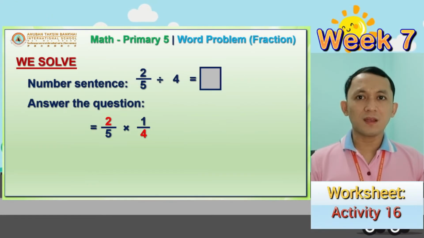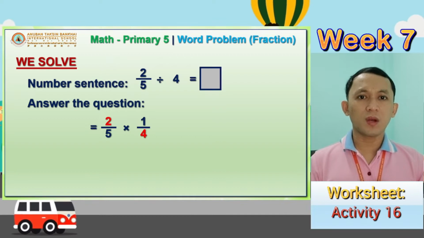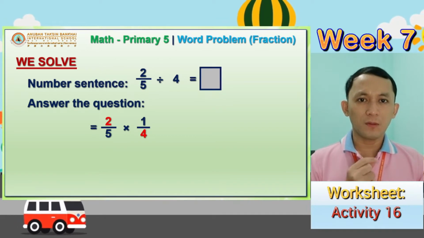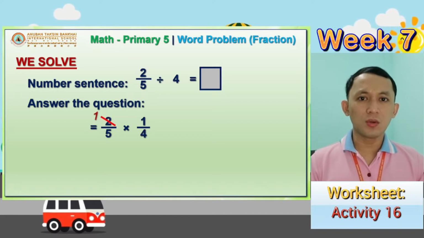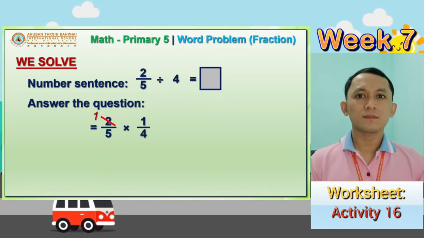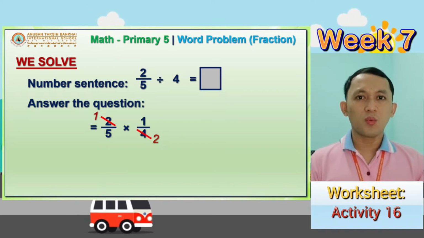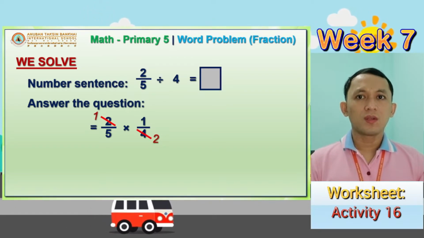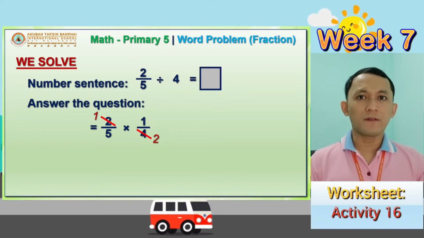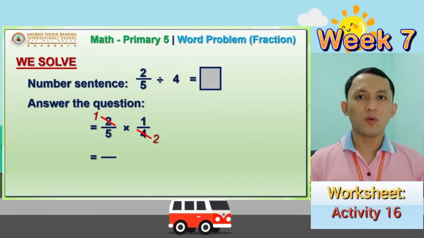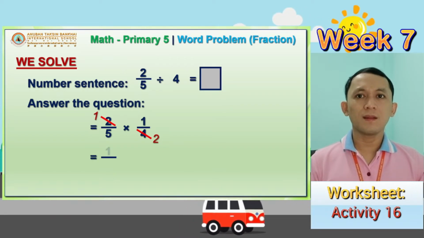So we can cancel this numerator and denominator, and we are going to divide it by, of course, 2. So 2 divided by 2, we have 1. And 4 divided by 2, we have 2. So now we can multiply our fractions. So we have 1 times 1, we have 1.